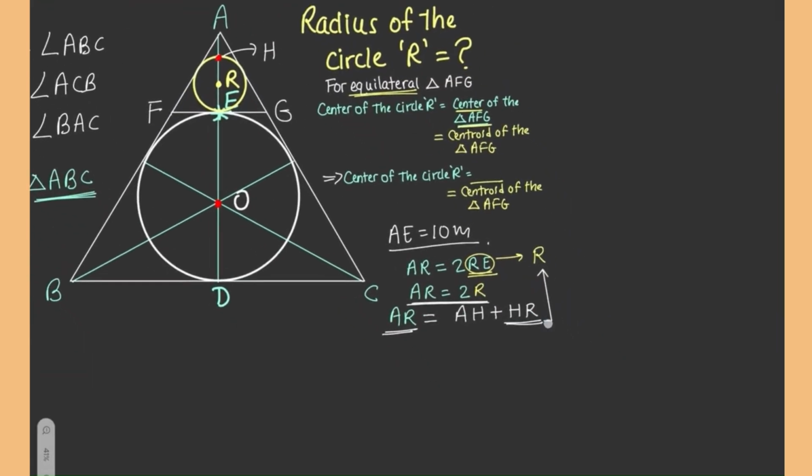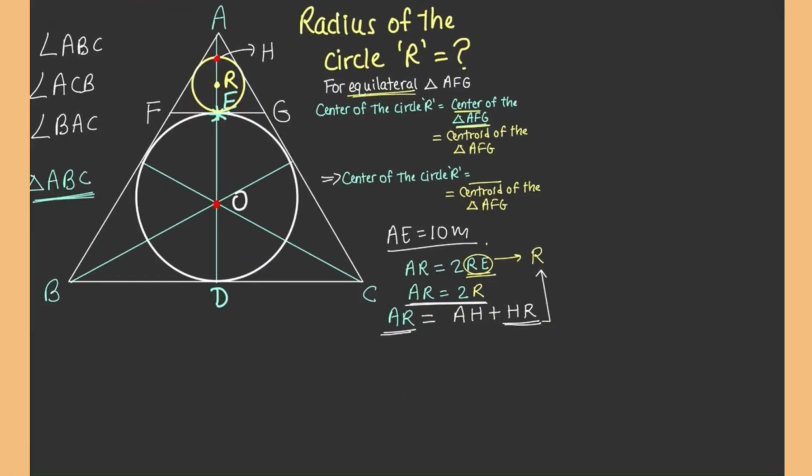So in place of AR, we substitute 2R: 2R equals AH plus HR. HR is equal to R. So from here, what is AH equal to? AH is equal to R.